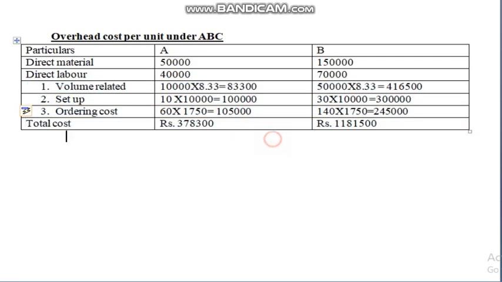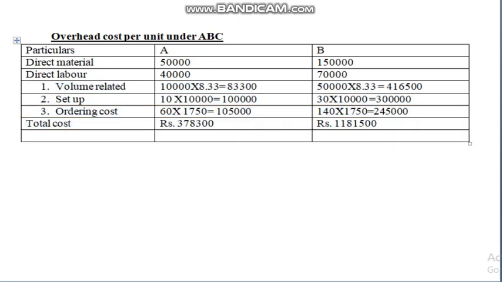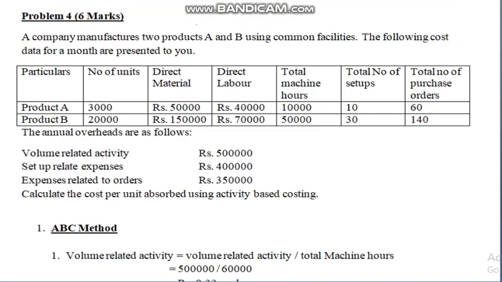Now calculate cost per unit. The total cost we have calculated, now calculate cost per unit. In order to calculate cost per unit, divide by the number of units produced. Under product A, how much has been produced?